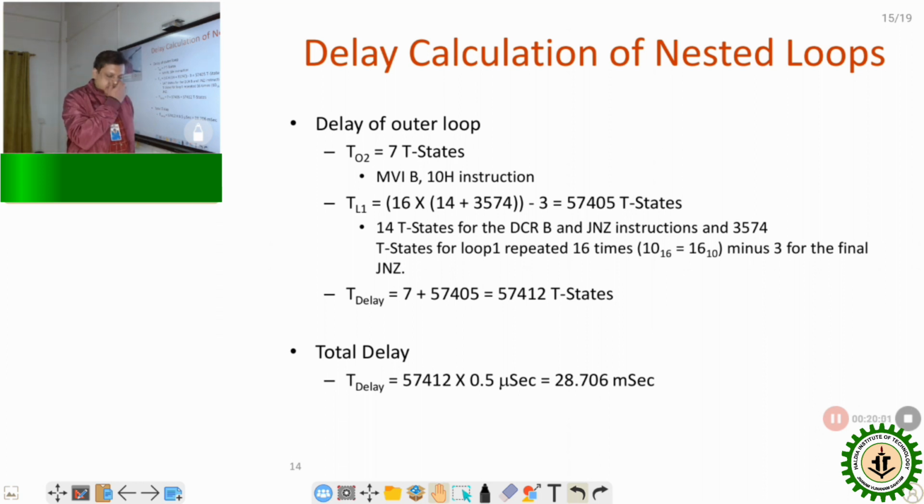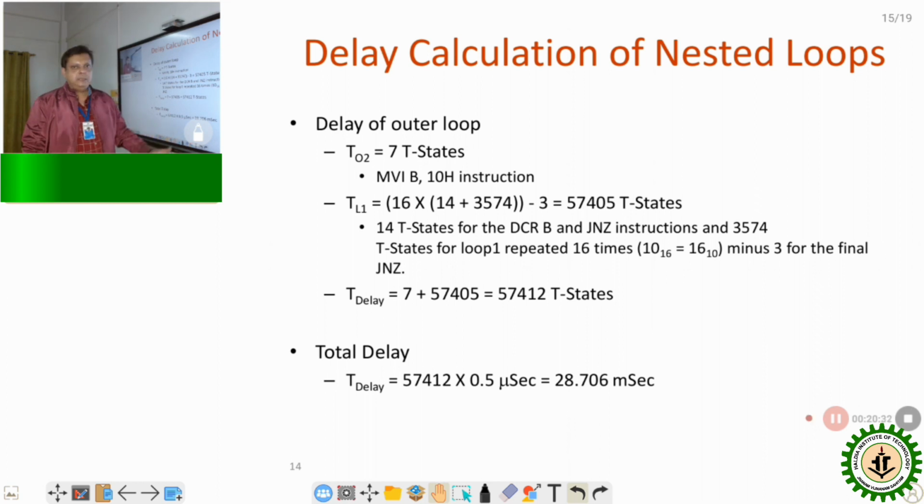Now, there is a point where this comparison needs to be done. Okay, we have used a nested loop with only an 8-bit counter, and that 8-bit counter is going to provide me 28.706 milliseconds. But if you compare with a single non-nested 8-bit counter delay loop, in that case it was far less.